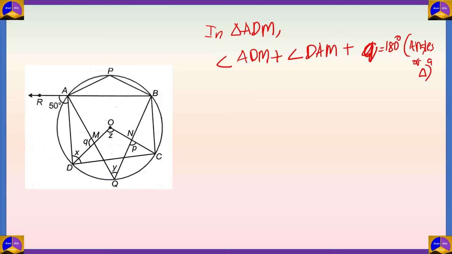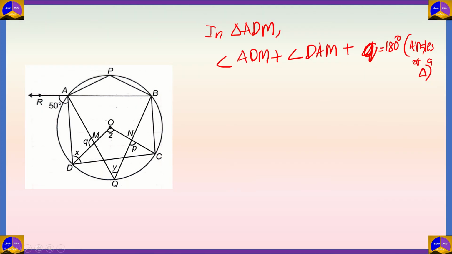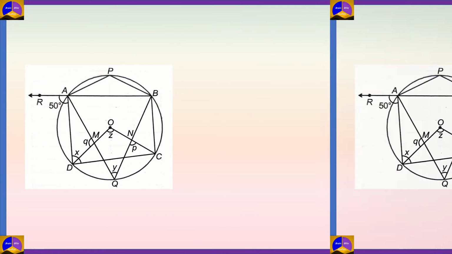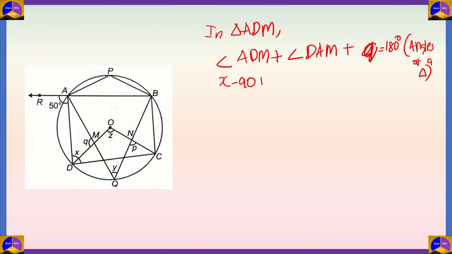So we have found ADM. ADM is the same as ADO, which is the same as X minus 90 plus Z by 2.